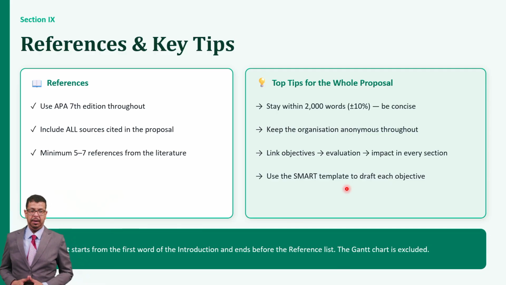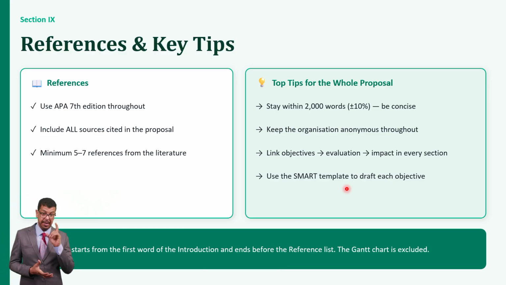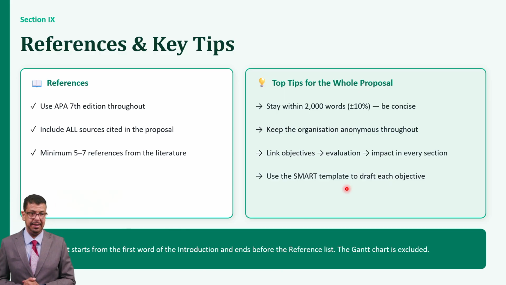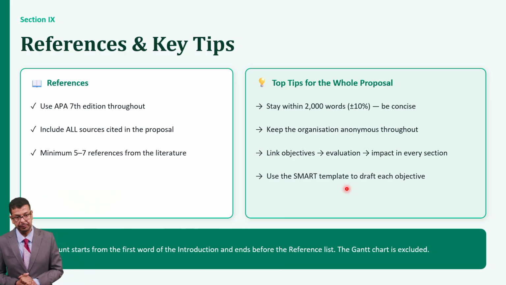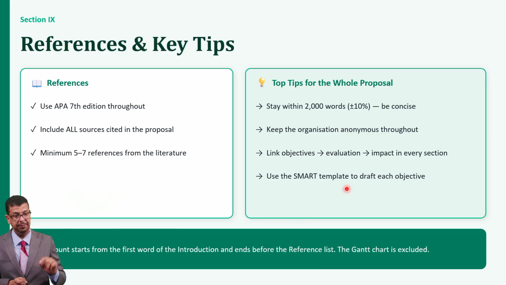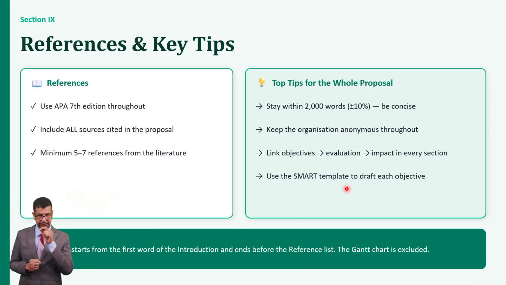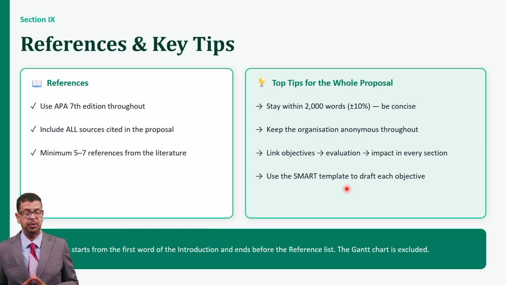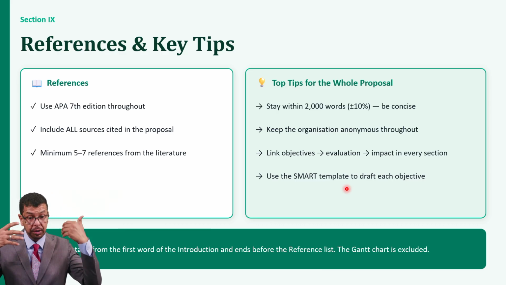So the general tips here: stay within 2,000 plus or minus 10 words, be concise. Keep the organization anonymous, no need to mention the name of your organization. Always link objective with evaluation and the impact. Use a SMART template to draft your research proposal and to draft your research objective.